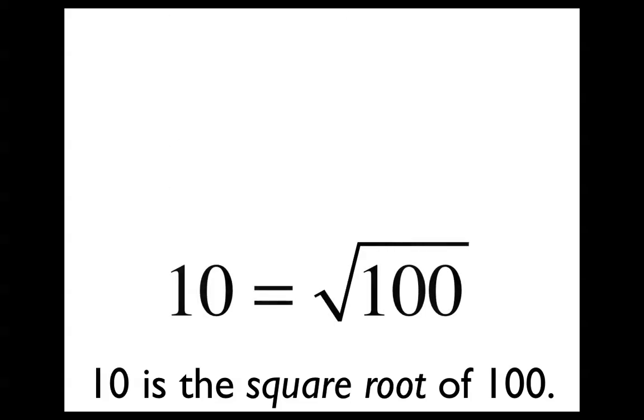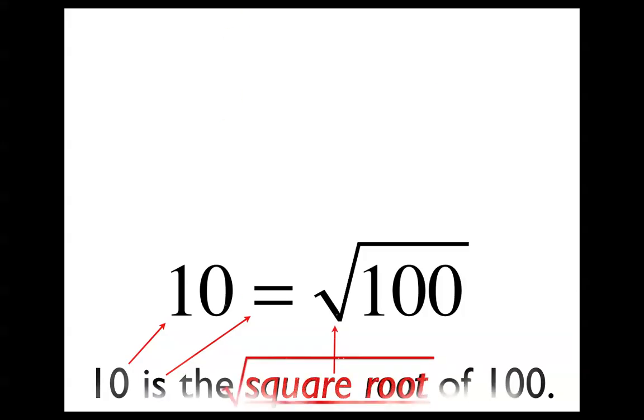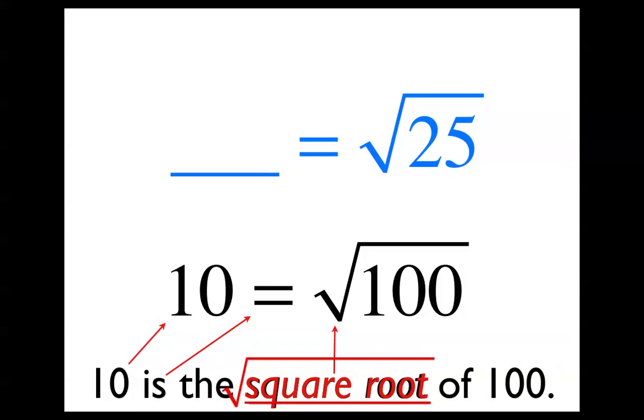The way we write this in math is with this kind of a funky little symbol that looks like this. 10 is the square root, with that crazy symbol, of 100. And so if I said, what are we trying to find here? We're trying to find the square root of 25. So what times itself makes 25? Oh yeah, 5 is the square root of 25.